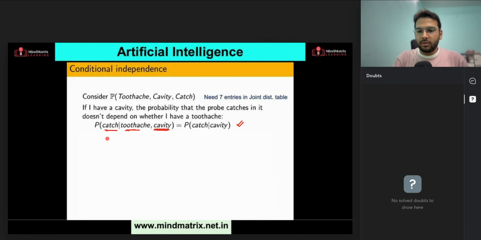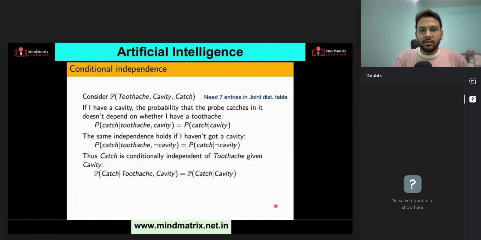Okay, great. Let's proceed. I can also say similarly, this thing you understood, the same independence holds for this one also. Like not cavity: if cavity is not there, then catching a microbe is again conditionally independent of toothache.